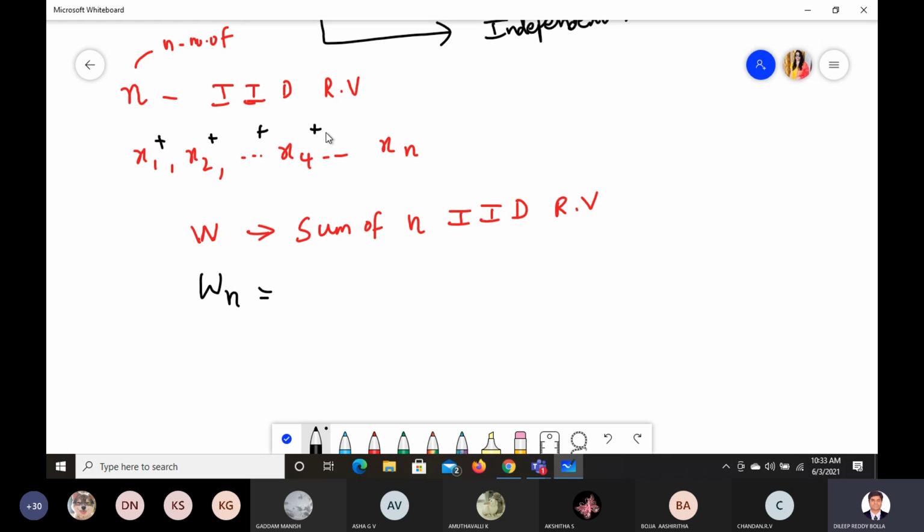This is also not wrong, it is correct. But instead of writing like this, is there any simple method? Summation. Exactly. So summation for the values of i, we assume i equals 1 up to n, of x, where the corresponding x should have i.